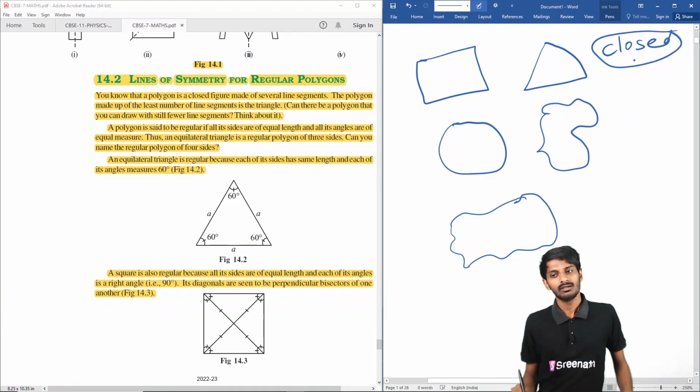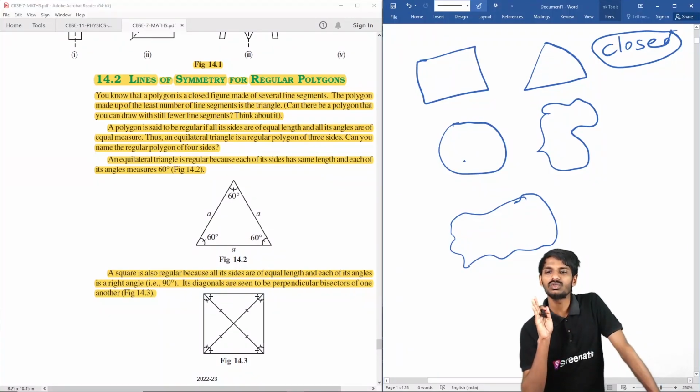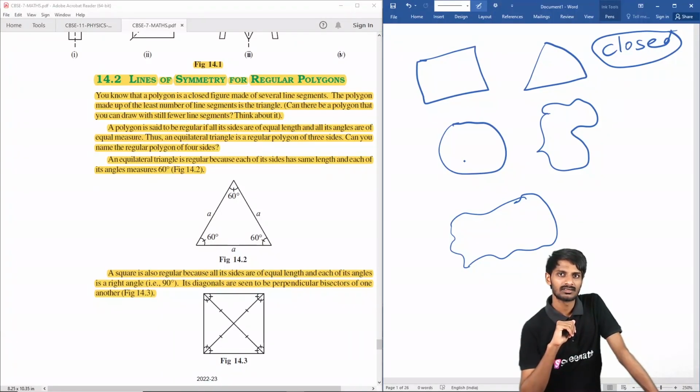It is closed, it is closed, it is closed, it is closed, it is also a closed figure. Out of these closed figures, can you find any difference between them? Try. I will give you 5 seconds.